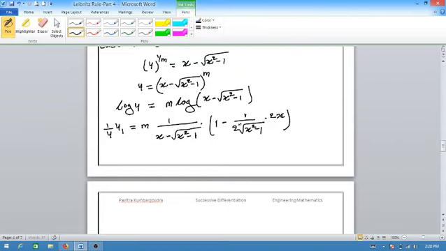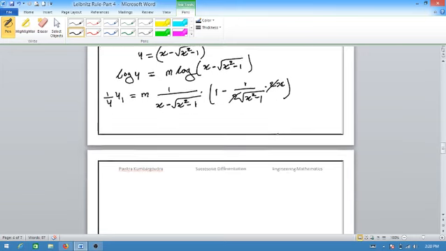Right. So this 2 gets cancelled. Right. So now take the LCM and simplify. So that is 1 by y into y1 is equal to m divided by x minus root of x square minus 1.